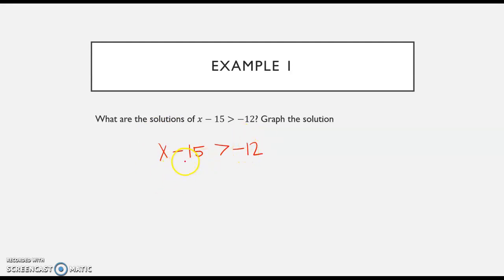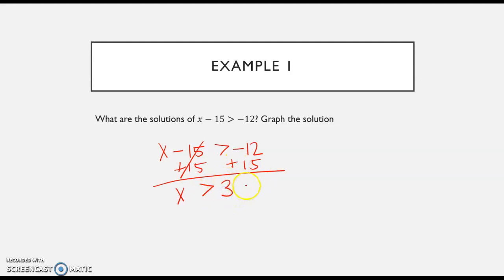So I just need to know what number we have to be bigger than so that this whole side over here is bigger than negative 12. So I'm going to add 15 to both sides. Add 15, add 15. And when I add 15, I am left with x is greater than, I'm going to keep the symbol that it is, and then we've got negative 12 plus 15, which is 3.